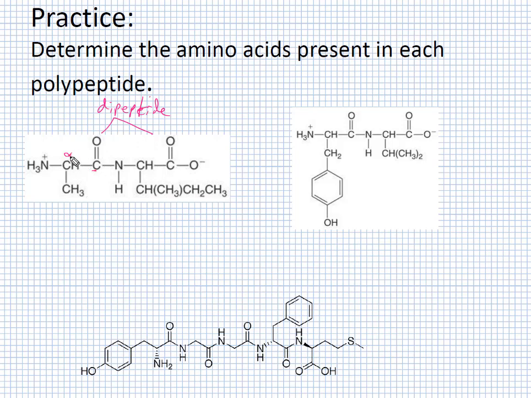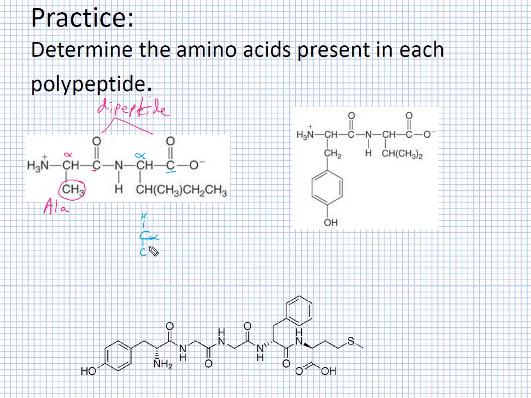So this carbon, here's its alpha carbon. For this carbonyl, here's its alpha carbon. Of course, the side chain is attached to the alpha carbon. So here, this side chain is just a methyl group. This is alanine. This one, the way they've drawn it is a little bit odd. Let me go ahead and just draw. Here's our alpha carbon with its hydrogen.